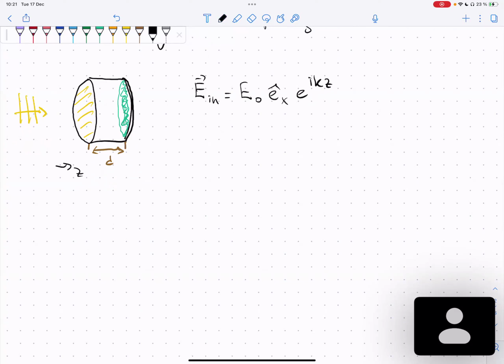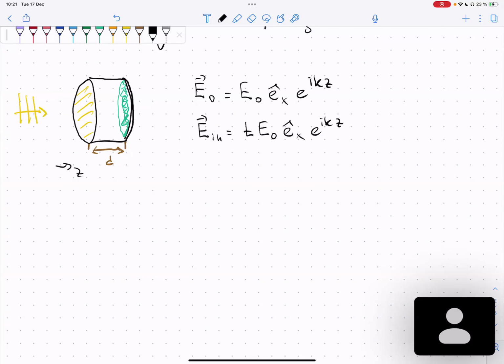So we write, just for simplicity, electromagnetic field inside the disk. We write it as E0 Ex exponent to the ikz.